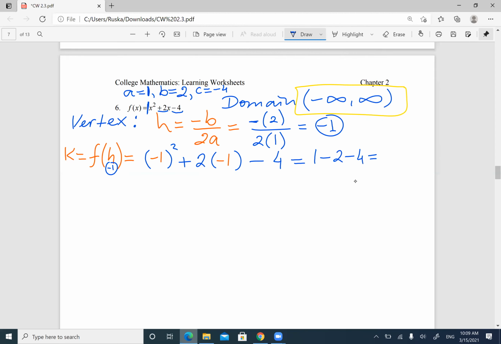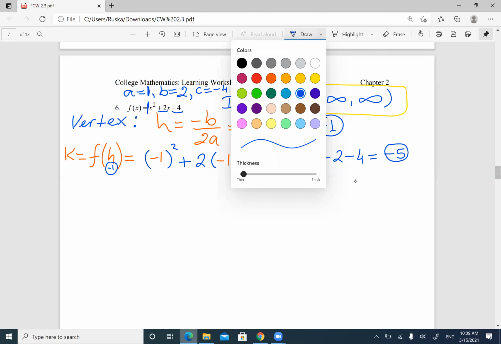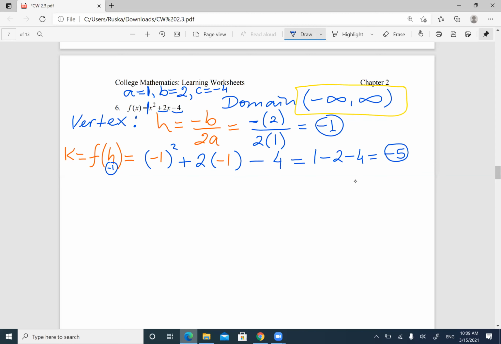So that's going to be negative 5, and that's my k. So my vertex is h, which is negative 1, and negative 5.